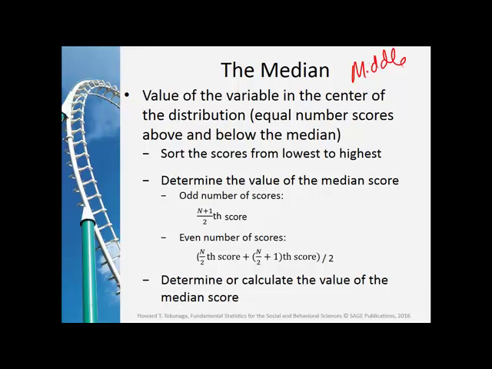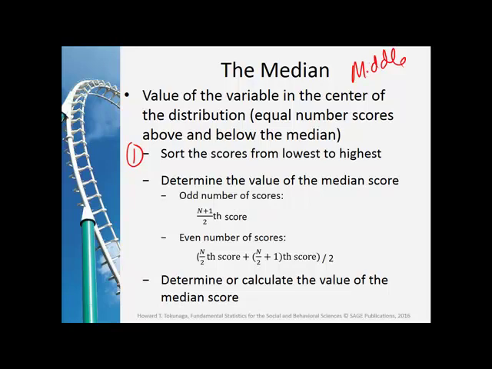Does that mean all the Catholics go before all the Buddhists because their number is lower? So the median is not going to necessarily work for nominal level data unless that number attached to it has some meaning. So step 1, sort your scores from lowest to highest.